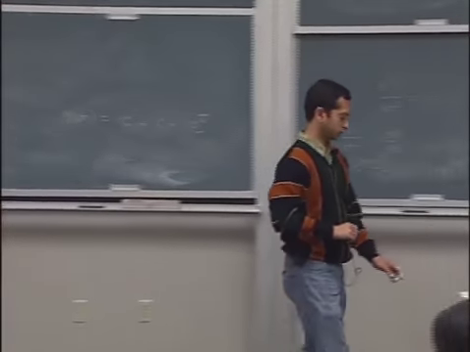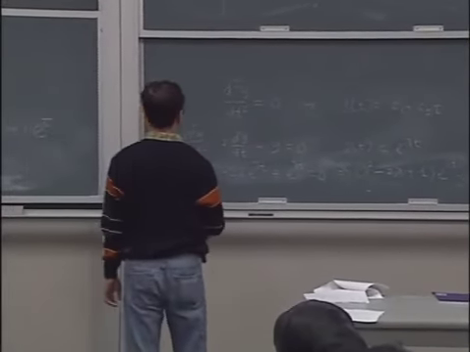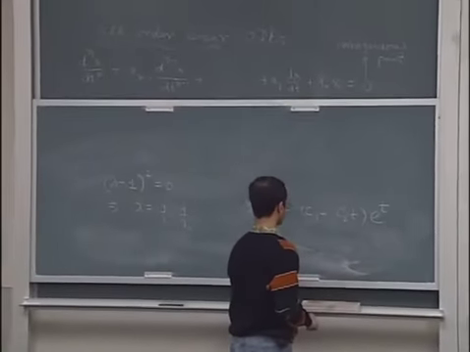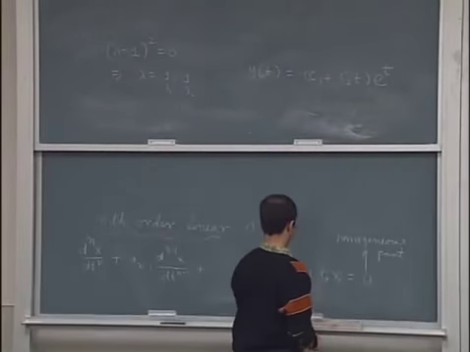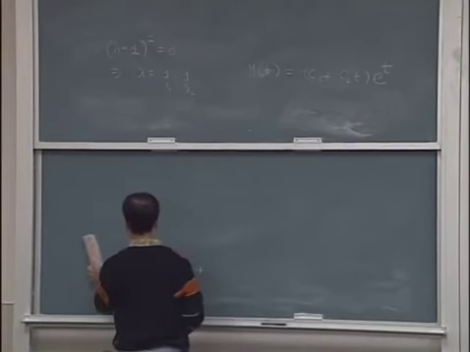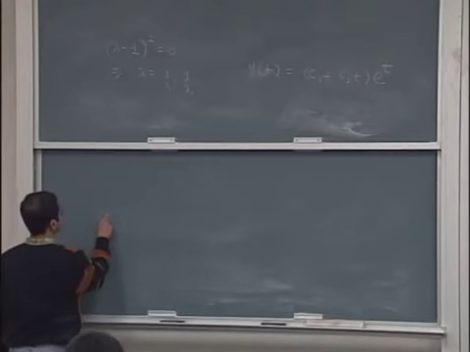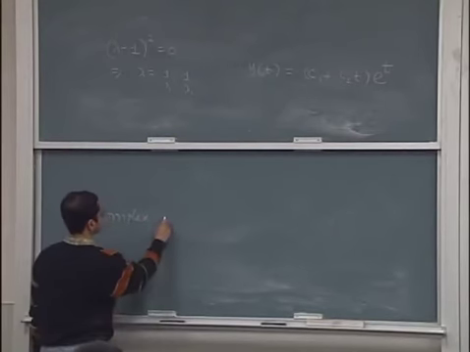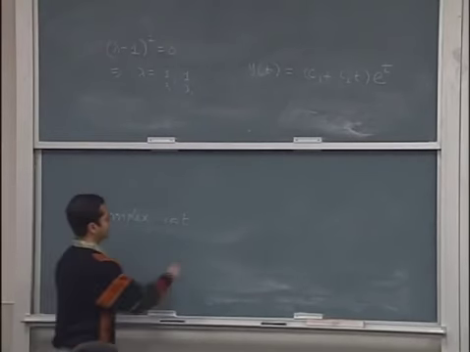Now, if I have a complex root, they typically appear in conjugate pairs.